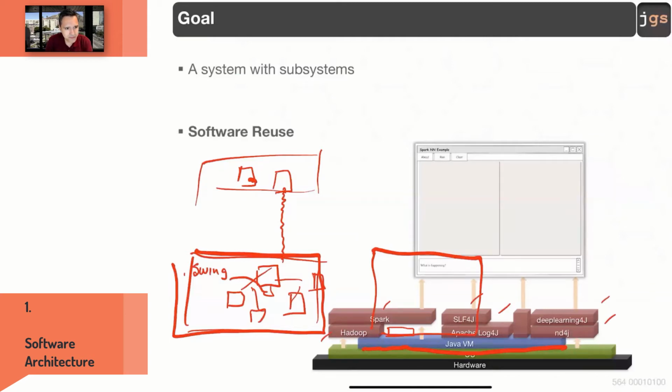For the paper, a system with subsystems. Probably not the best concept. Today, this is a 94, remember? So system, your program, subsystems, the boxes.